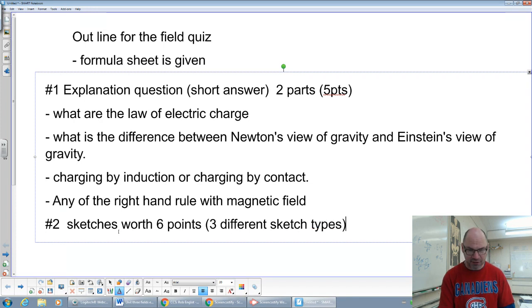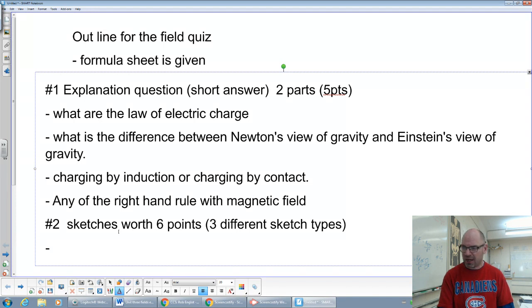Okay, what kind of sketches can I put in there? The first one is that I can have any of the magnetic field sketches.